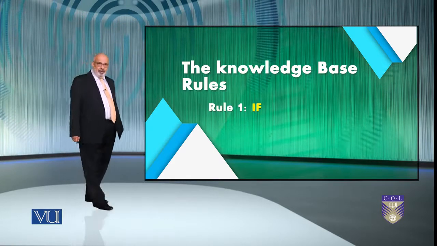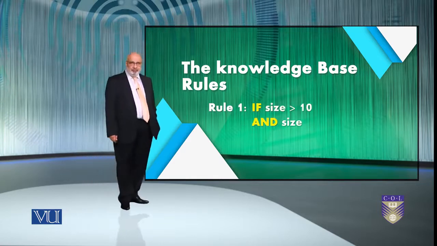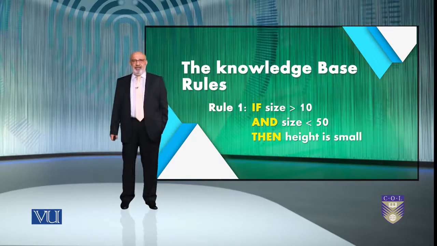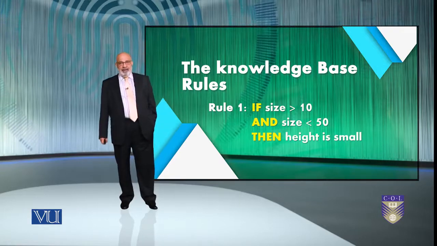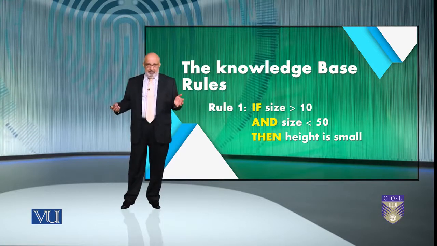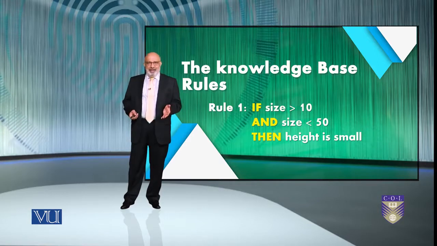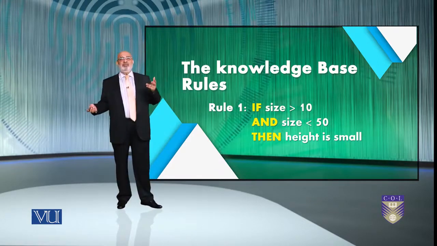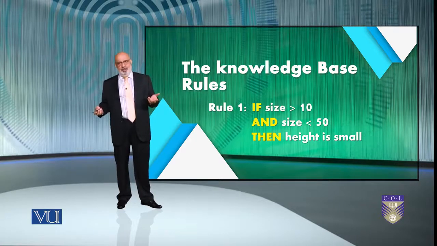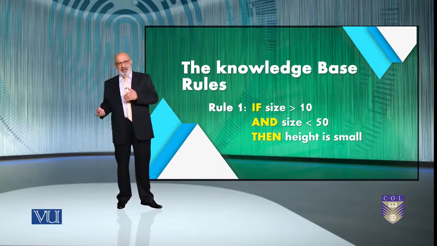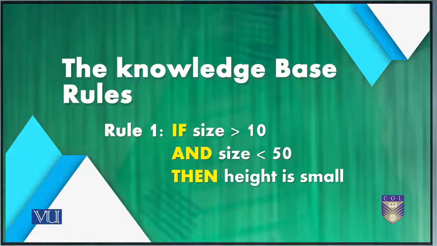Rule 1, for instance, says that if the size of the flower is greater than 10 and it is less than 50, that's how rules are represented. It's like another way of saying if the size is between 10 and 50, represented here as size greater than 10 and size less than 50, then we say that the height is small. Height is already given as an object with values in the database. So if the size is within this range, then the height is called small.